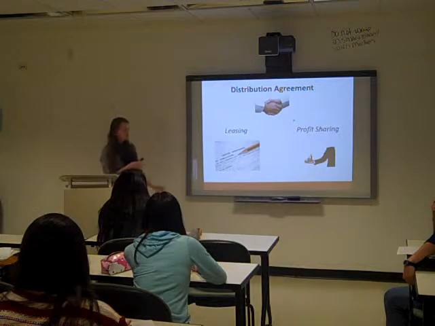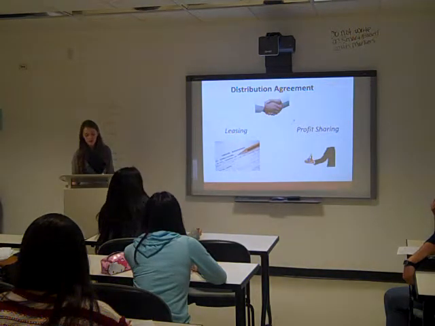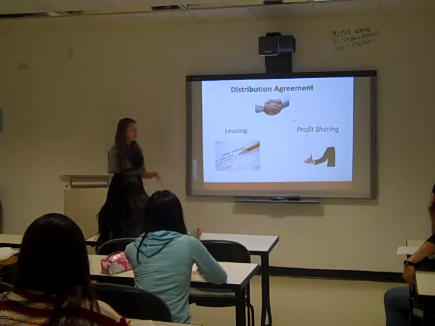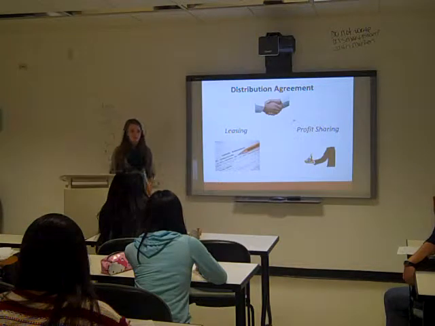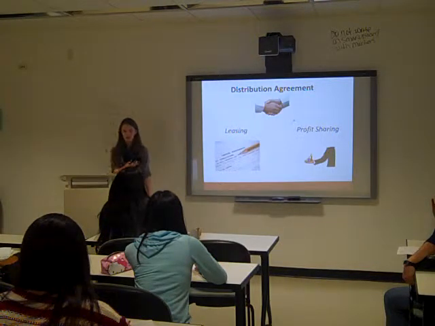But if the studio and distribution company have a profit-sharing relationship, the distributor gets a percentage of the net profit from the movie. Both can be good, but now most distribution companies use profit sharing because it's more successful, and it also depends on how well the movie works for the audience.